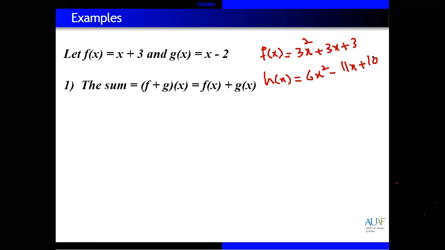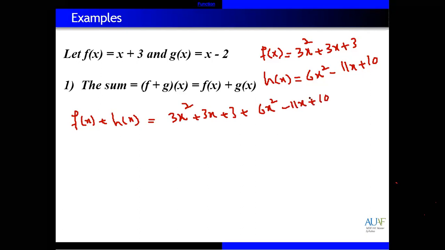So how we can add these? So if our addition f of x plus h of x, first of all write down f function is 3x square plus 3x plus 3. H function is actually 6x square minus 11x plus 10.